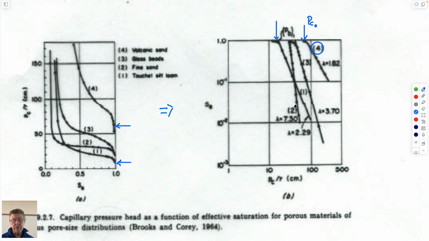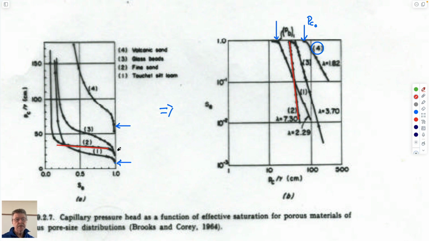So the one here which satisfies that, I guess, would be this one. This is number 2. And not surprisingly, number 2 is the one that has the flattest curve here.